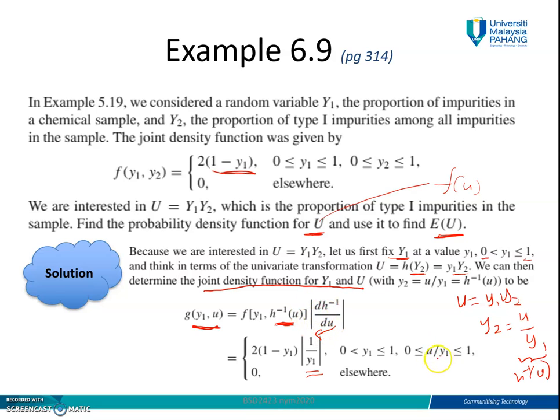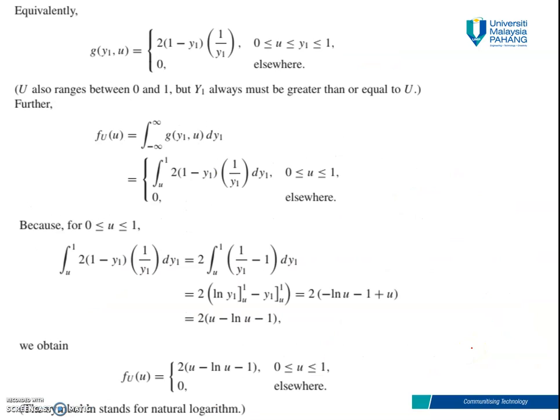Bringing y1 to the left, you can see u is less than y1, so that's why you will have this limit. Now u also ranges between 0 and 1, but y1 is always greater than or equal to u.